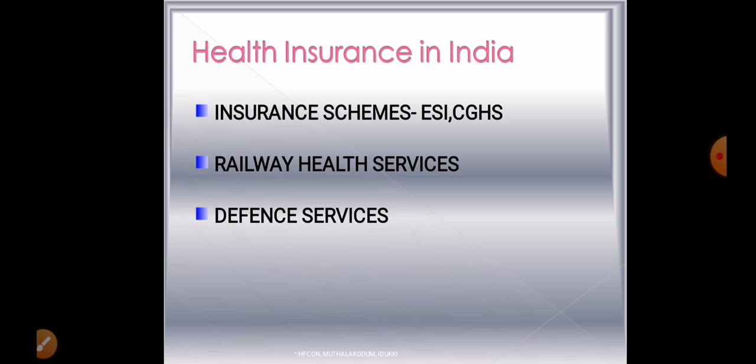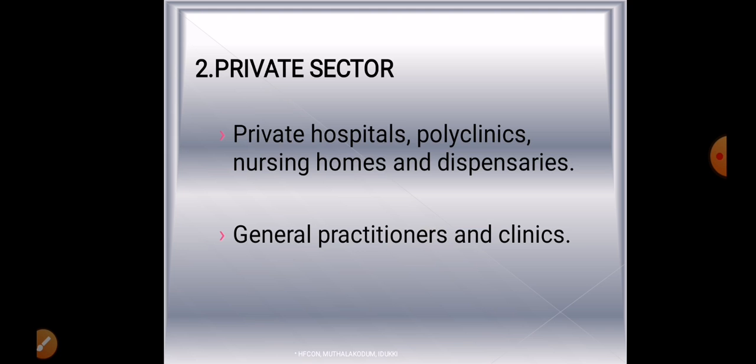They have small clinics and referral hospitals where all the defense personnel and their beneficiaries, that means their dependents, can take all the services rendered through the defense system. So all these you have to include in the public sector. If in the exam they ask only to explain the healthcare delivery system in the public sector, this is all you have to write.